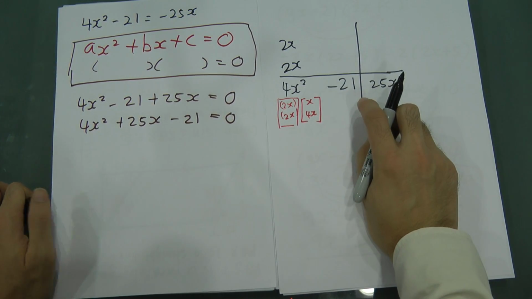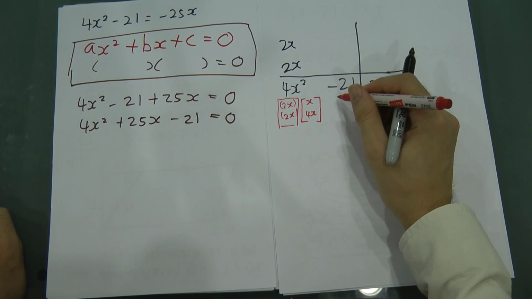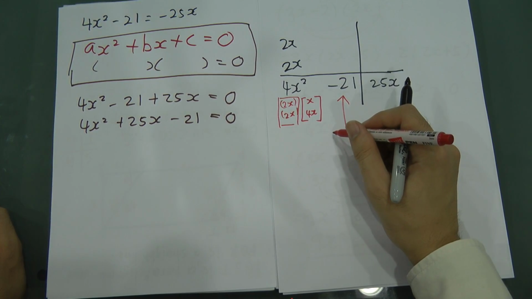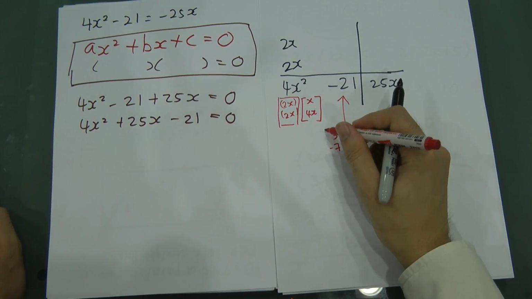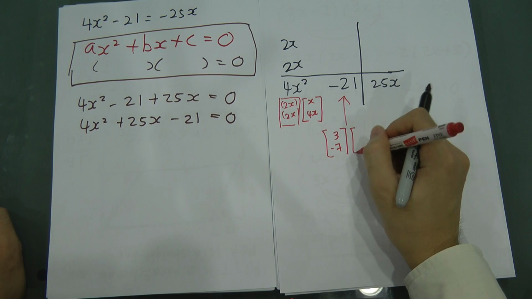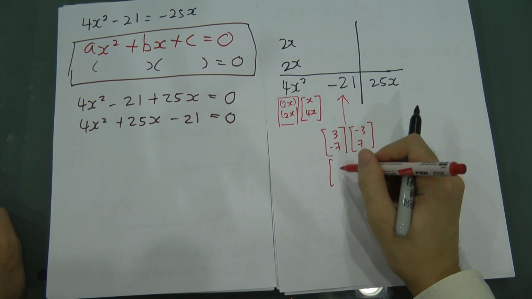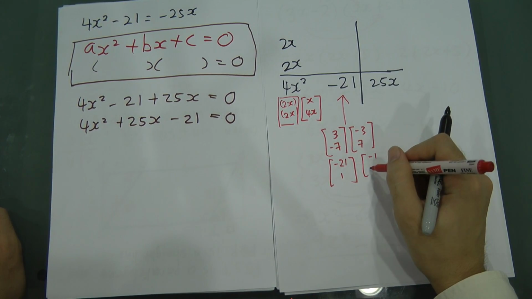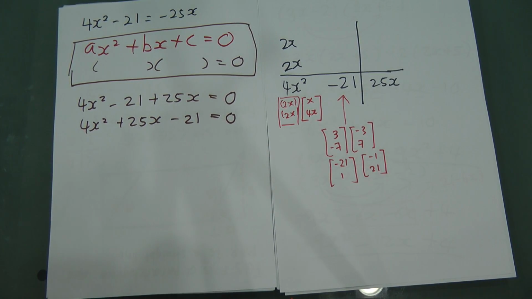And then negative 21. For negative 21 we have four combinations: 3 multiplied by negative 7 is the first combination, or negative 3 multiplied by 7, or negative 21 multiplied by 1, or negative 1 multiplied by 21. So we have four combinations.